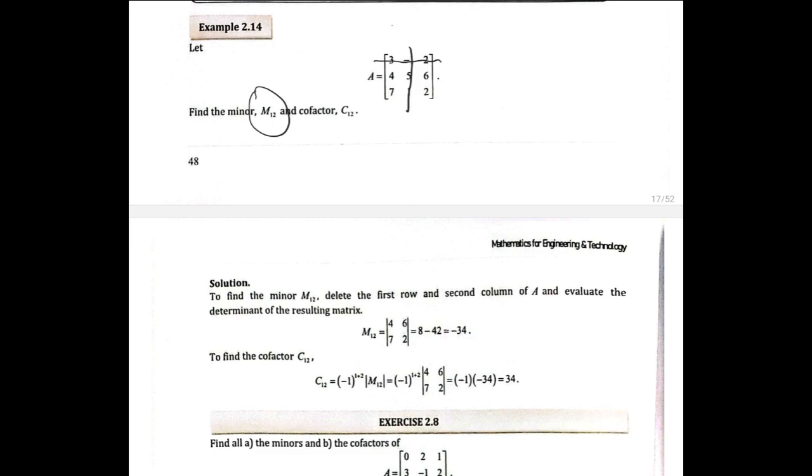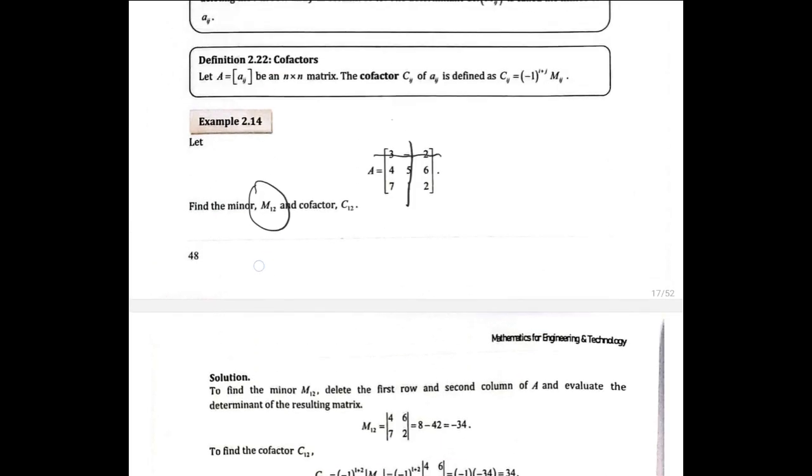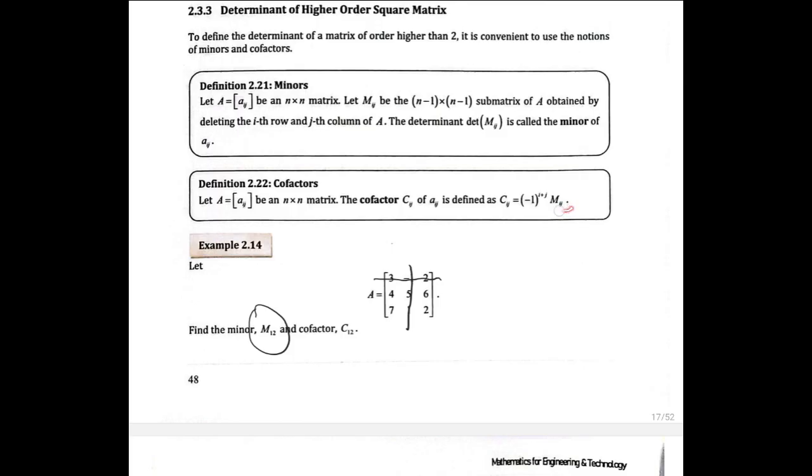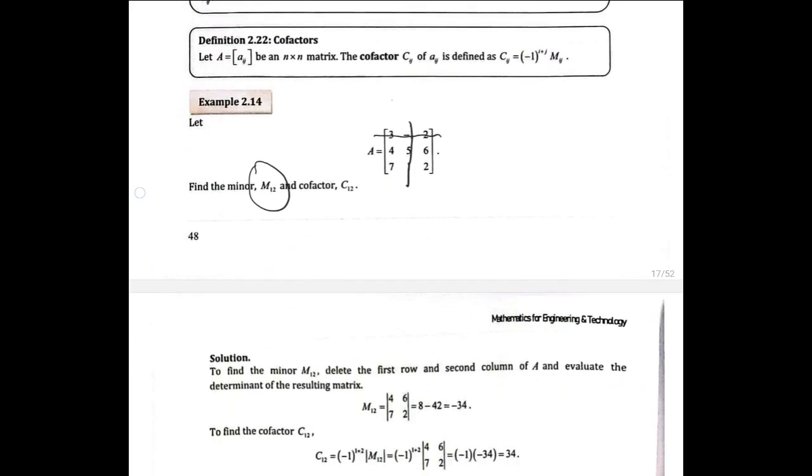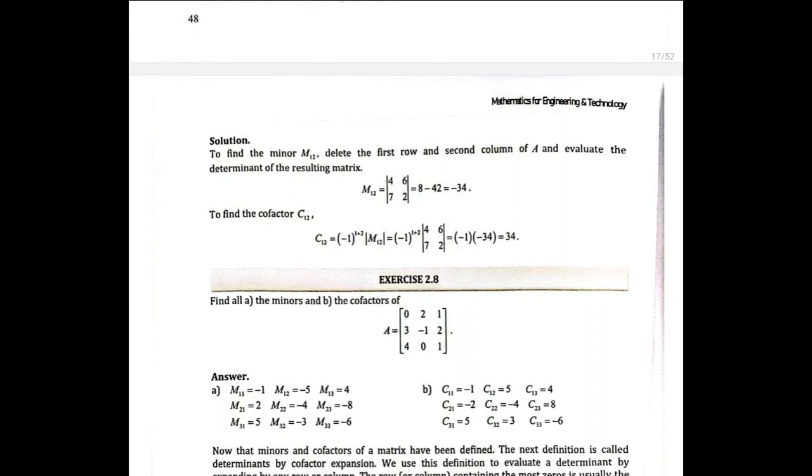Now that we have its minor, let's look for the cofactor. Now, in calculating the cofactor, in general, this is its formula. It will be negative 1 to the power of i plus j times the value of the minor. So the cofactor that we're going to look at is C12.